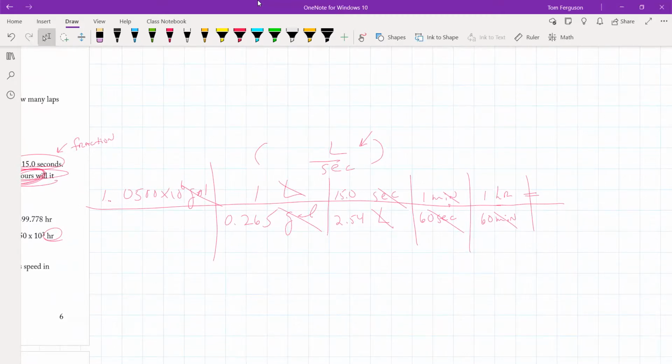We don't have to worry about 1. All divided by 0.265 divided by 2.54 divided by 60 divided by 60. Enter. Which is 6499.